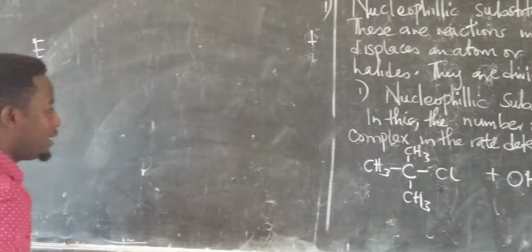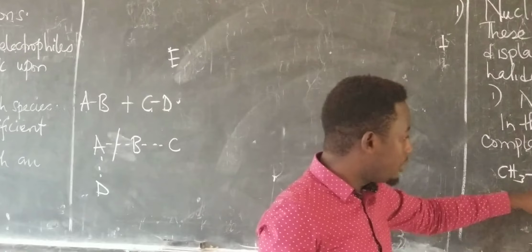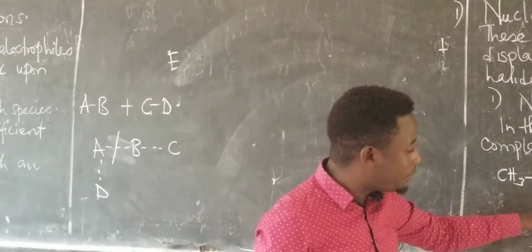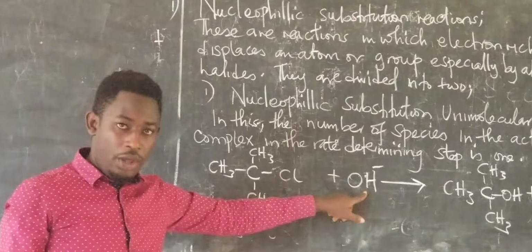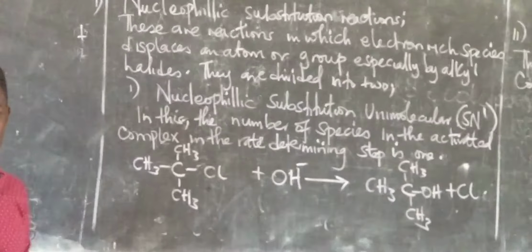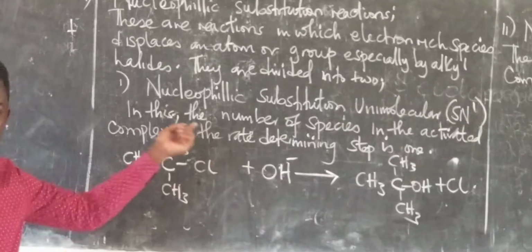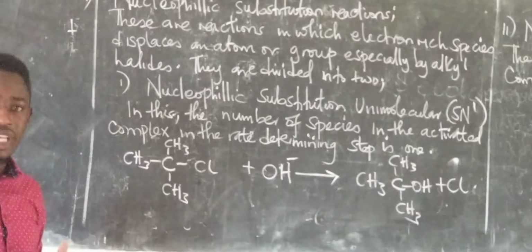So in our mechanism, for the chloride in this compound to be displaced by the OH, we have to first make sure we form what we call a carbocation. Why? Because the compound is crowded. Steric hindrance. Remember steric hindrance?